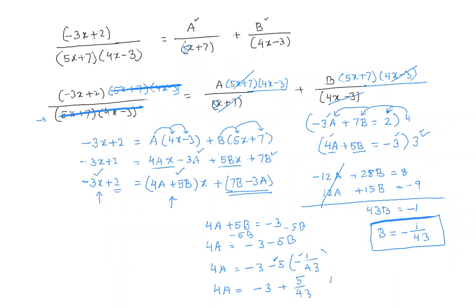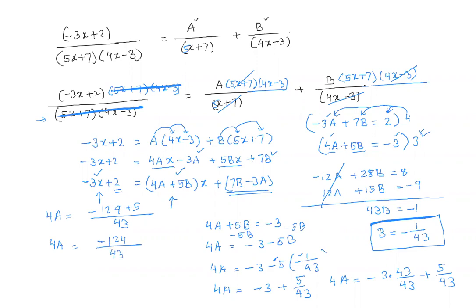Then 4a is equal to -3 times 43 over 43, I'm making a common denominator of 43. So -3 times 43 is -129, plus 5 over 43, so 4a is equal to -124 over 43.